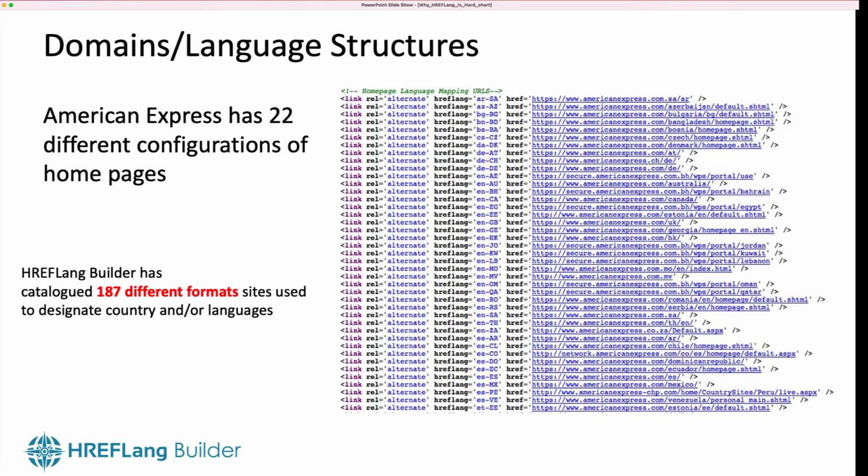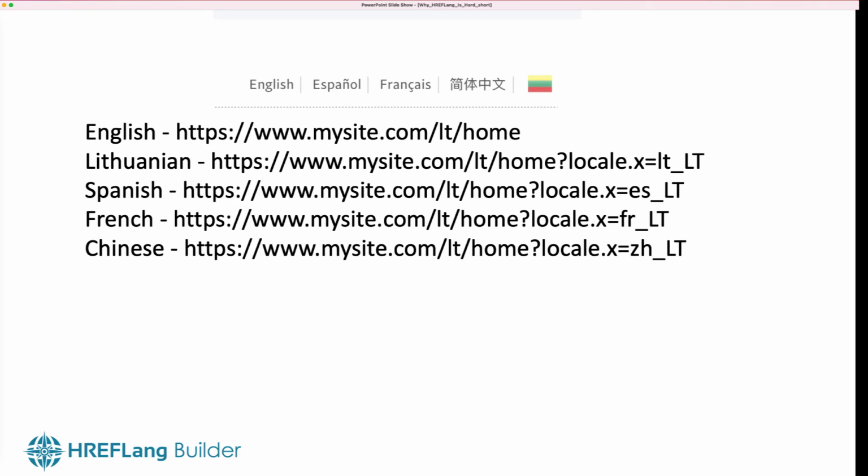And by setting it, we immediately take the ambiguity out of it, because Google can see this code and say, yeah, that's actually Estonia. Estonian language for Estonia. We've actually seen 187 different formats. So while American Express has tried to leverage 22 of them, we've seen up to 187, and that's exactly one of the first things that makes this complex.